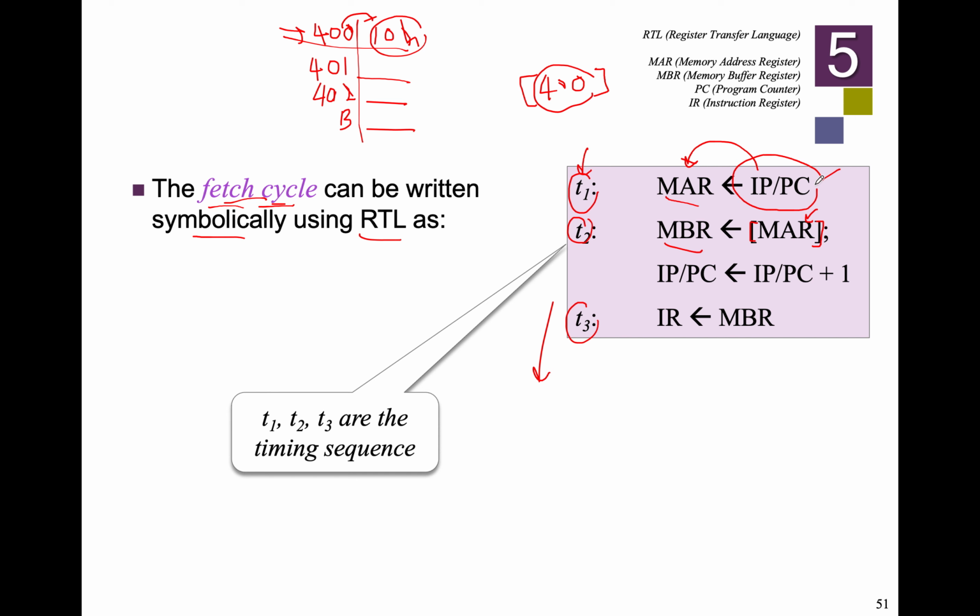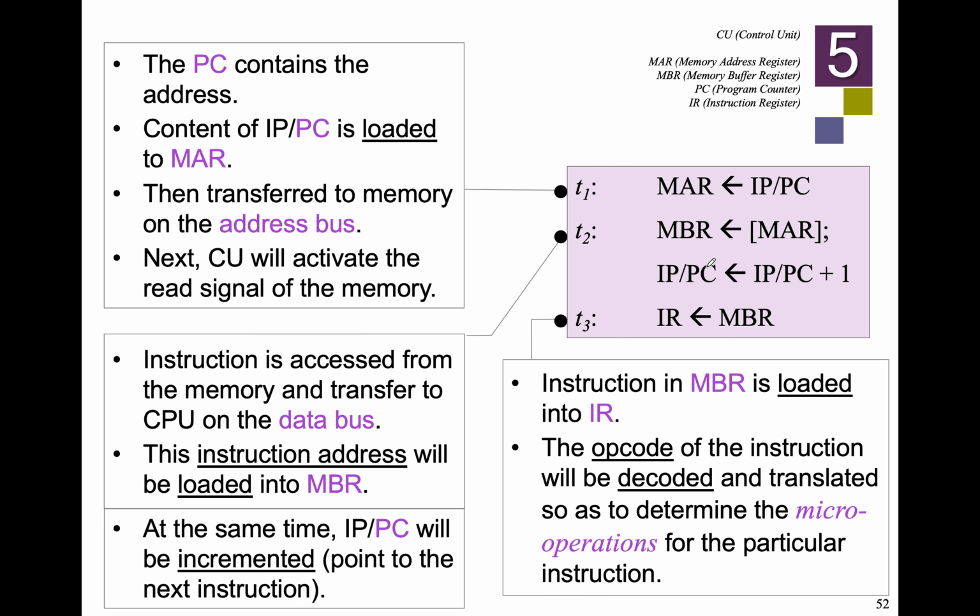And the value of your IP or PC is going to be increased by 1 after you are done with this T2, timing 2. After that, the value of your MBR will be put inside the IR. If it is 10 over here, similar to this. Okay, let's take a look into it in detail.